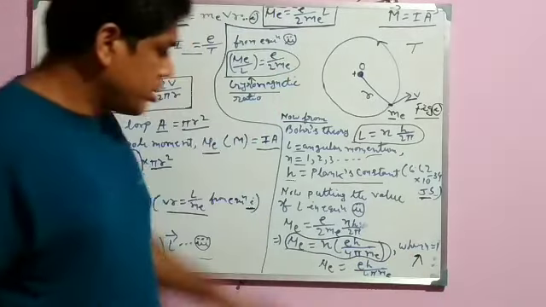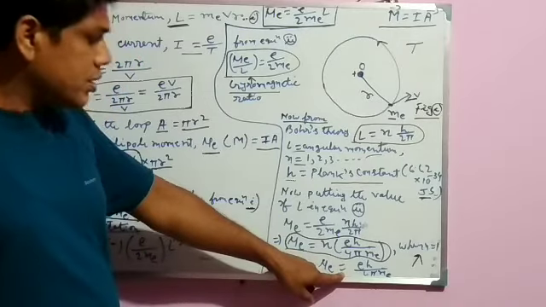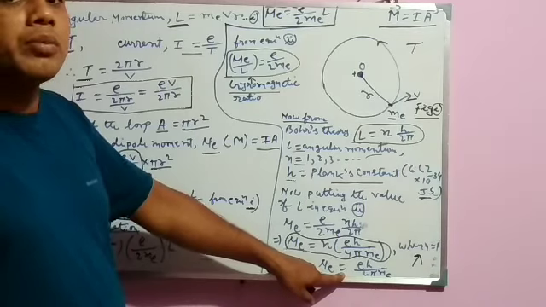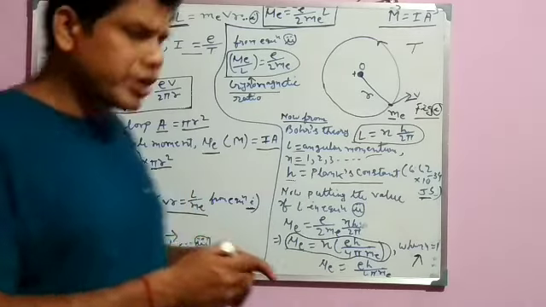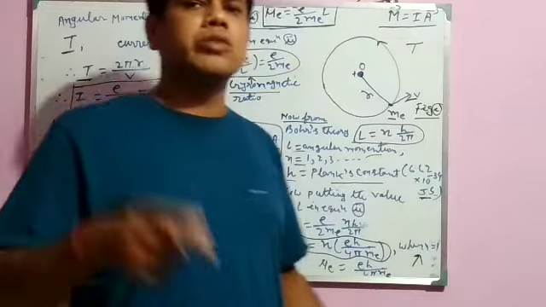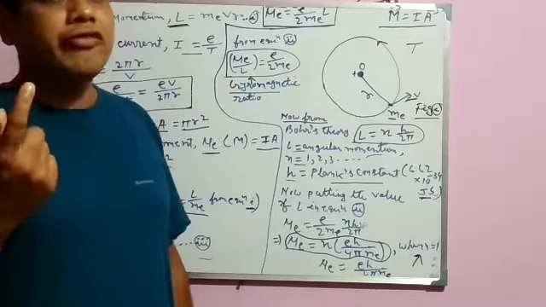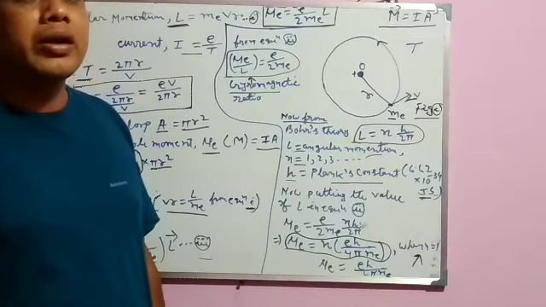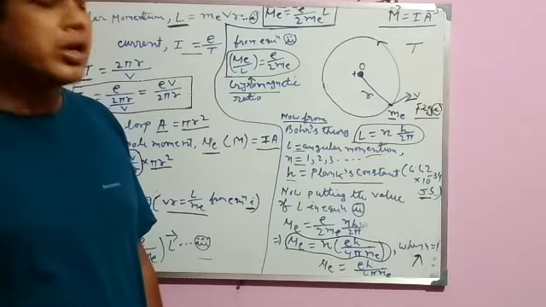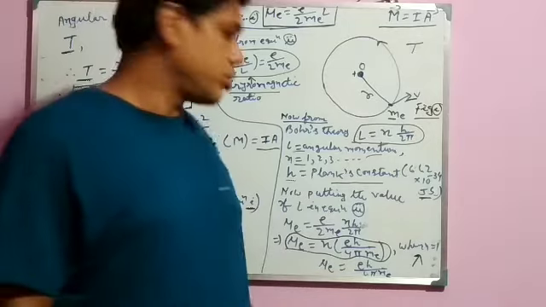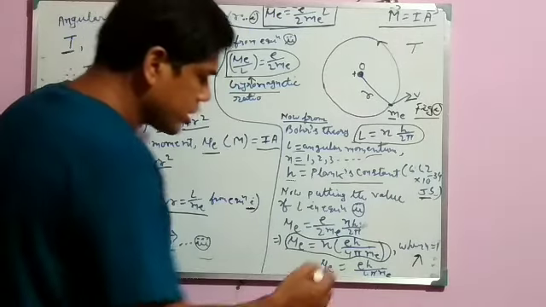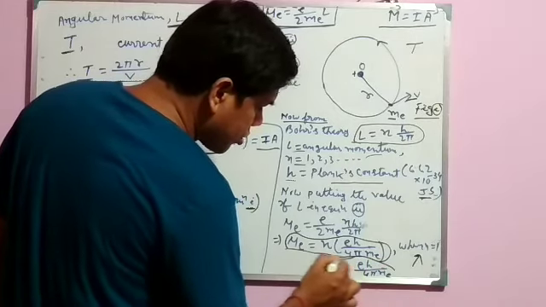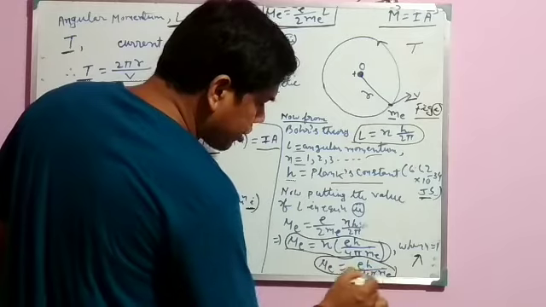In this case, this magnetic dipole moment is called the Bohr magneton, because this is the magnetic dipole moment of the electron when it is revolving in the first orbit. So the magnetic dipole moment of the first orbit of the electron is called the Bohr magneton, and the expression is μe equal to eh by 4π me.